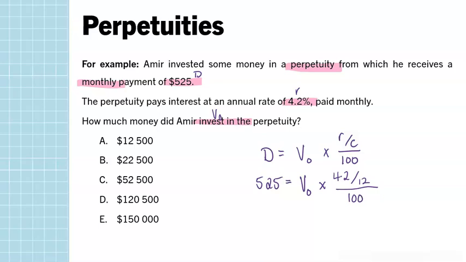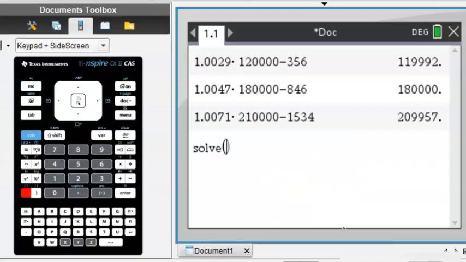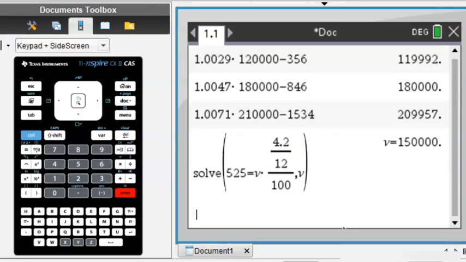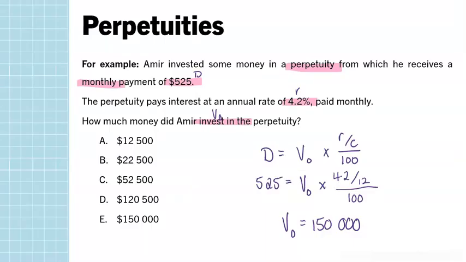And so now we can solve this to find out what our initial value was. And so in our calculator, 525 equals, I'm just going to put V, and then putting in my rate, 4.2 over 12 over 100, and solving for that value of V. And I get my initial value is $150,000. And so that gives me E as my correct answer.